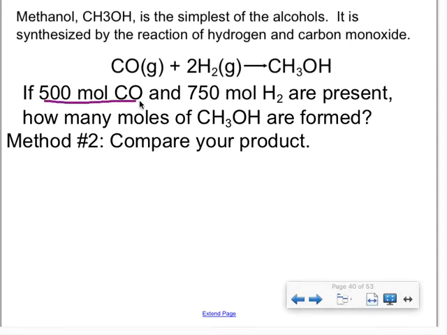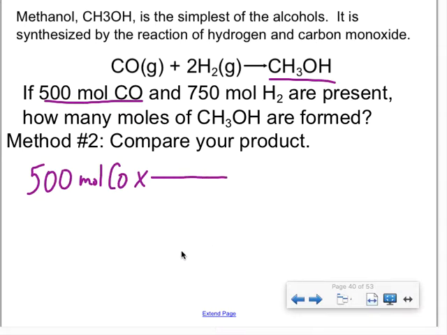So I'm just going to start with CO, okay? So I have 500 moles of CO, and I want to get to methanol, because that's my product. So I set up my first conversion, my only conversion, I should say, in these examples, the mole ratio. So what's the mole ratio? All right, there's a 1 here, so it's going to be 1 mole of CO, okay? And then I'm going to methanol, 1 mole CH3OH.